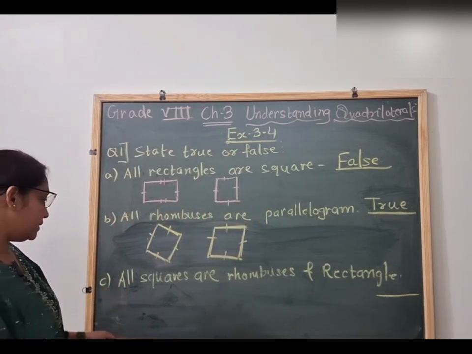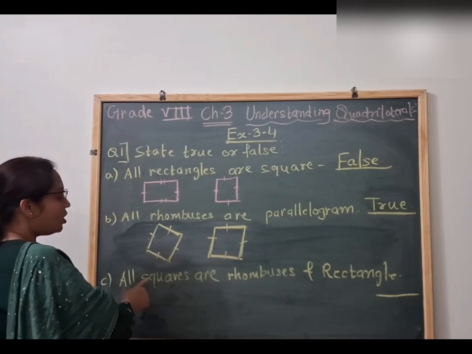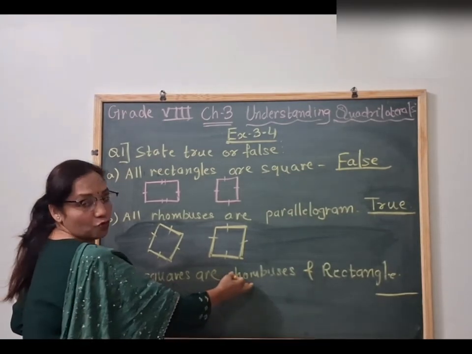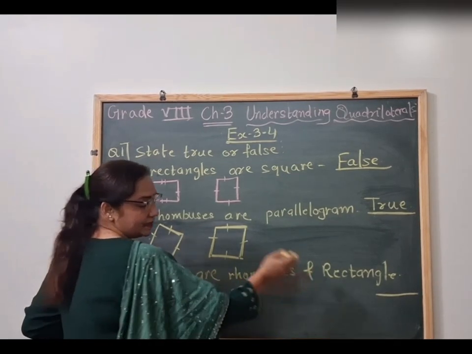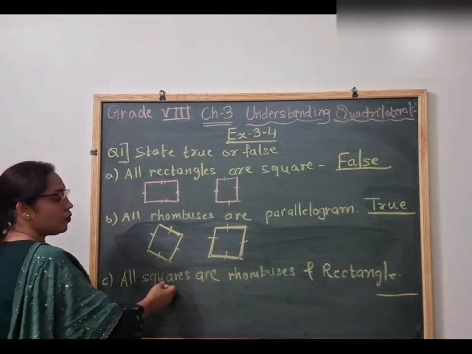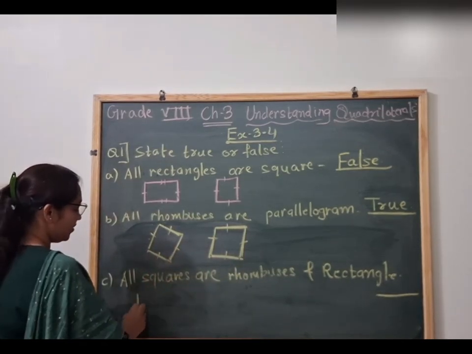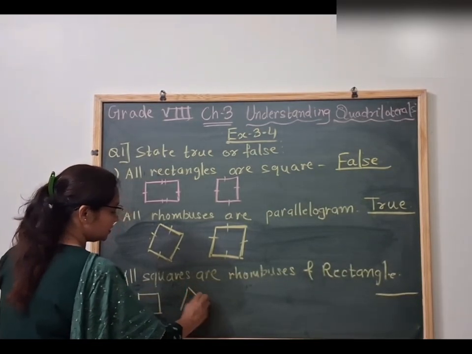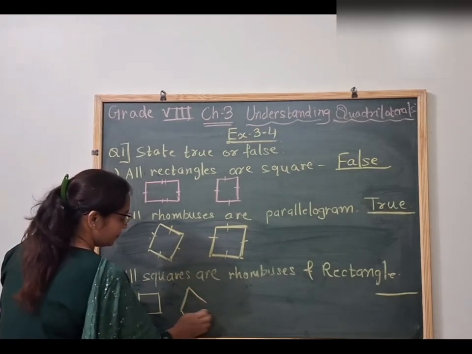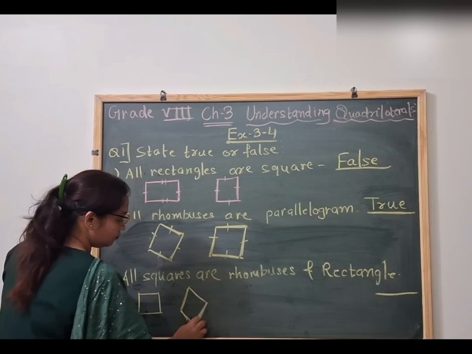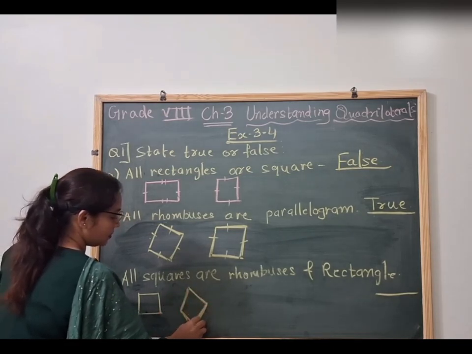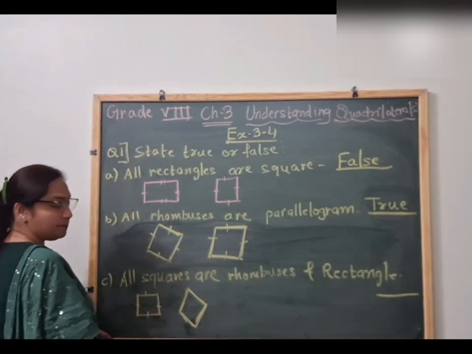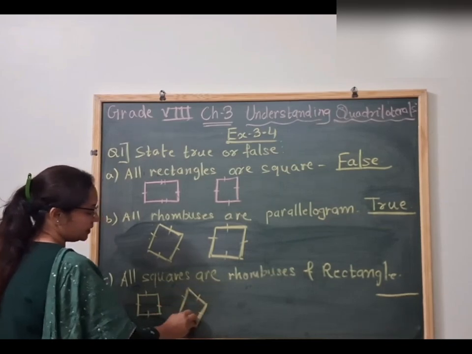Now moving on to the next. The next says all squares are rhombuses and rectangles. So we have to compare squares with rhombuses and squares with rectangles. Let us first compare a square with a rhombus. If I take a square and if I take a rhombus, here we can easily see that in a square all the sides are equal, whereas in a rhombus also all the sides are equal.